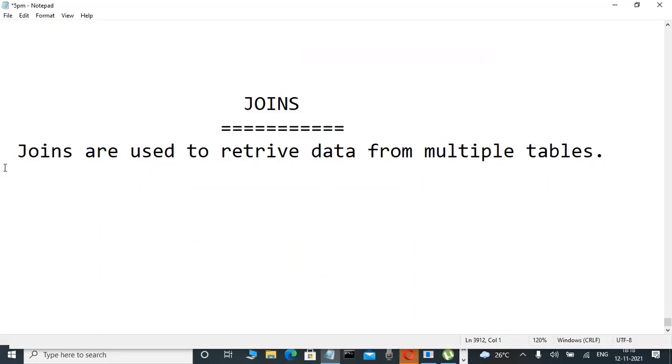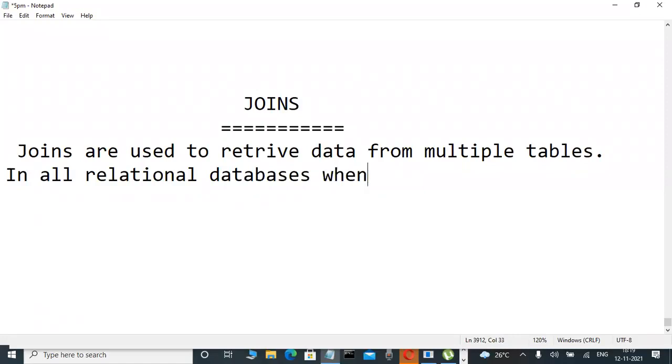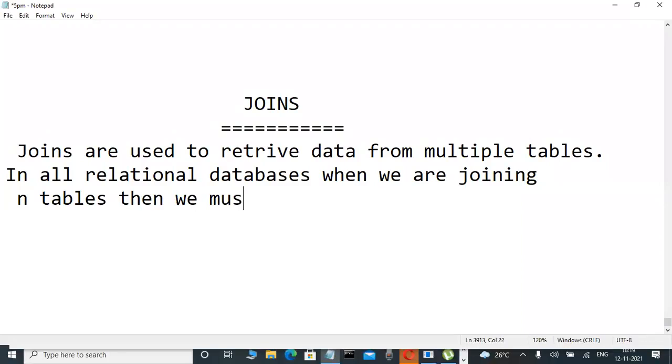Write it. In all relational databases, when we are joining n tables, then we must use n minus 1 joining conditions.